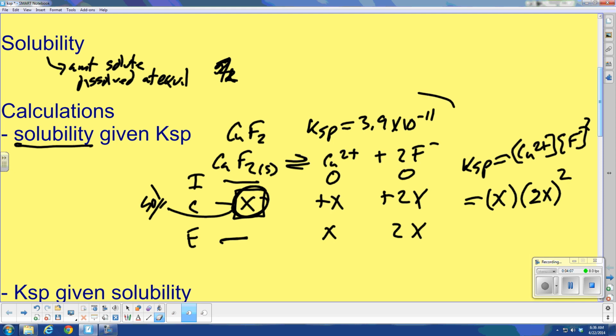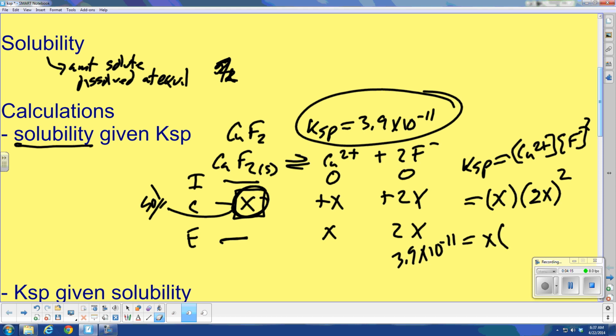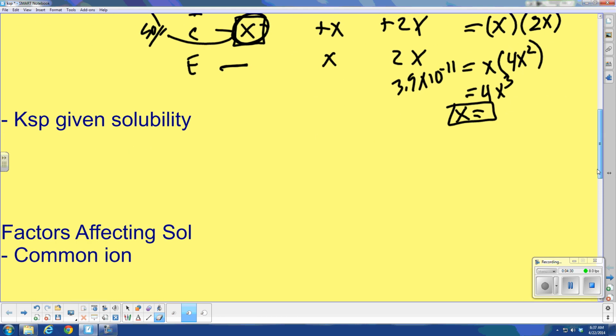And I know what my KSP is, so I can say that 3.9 times 10 to the minus 11 is equal to x times, what is 2x squared? 4x squared, which would mean 4x cubed is equal to 3.9 times 10 to the minus 11. Solve for x, and that is your solubility. We're not going to run the numbers because we want to save time, but that's how you would do this.